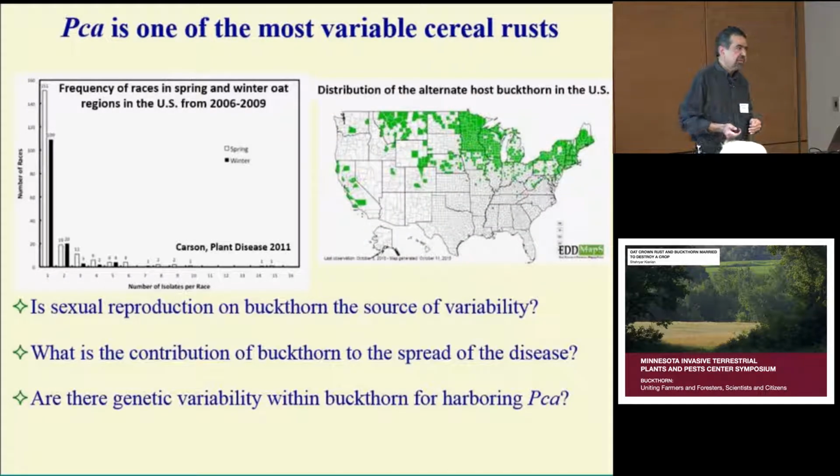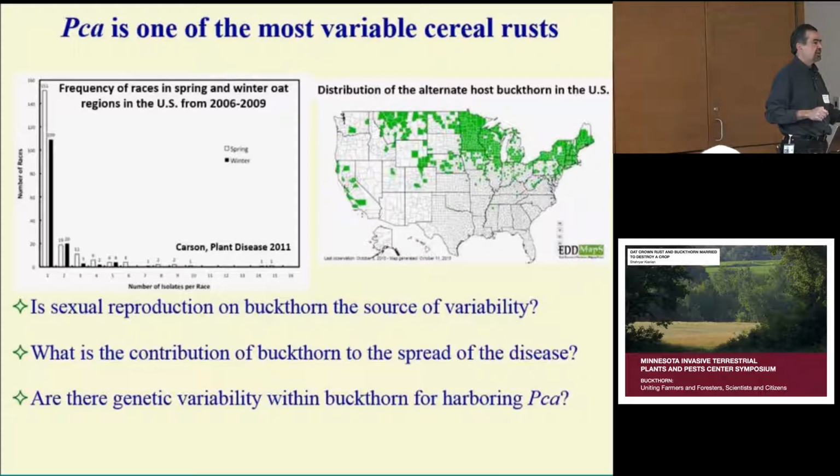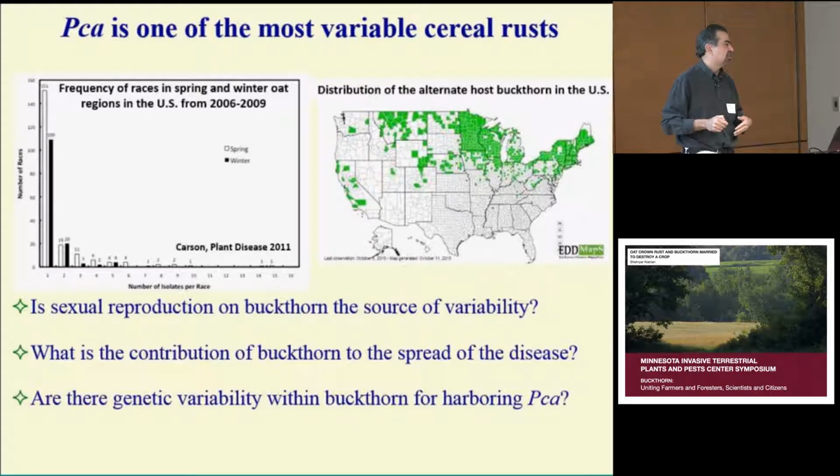So the question we are asking, there's a scientist in my unit that is working on this, is sexual reproduction on buckthorn the major source of variability? Or do the asexual wind-borne pathogens have as much genetic variability as the buckthorn? So we have samples collected from the northern part of the US and the southern part of the US, where there is not much buckthorn known, to look at that.